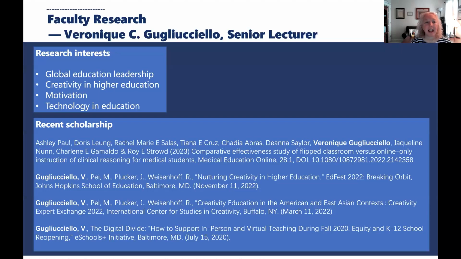I am the advisor for the creativity and education focus area. So more recently, a lot of my scholarship and research has been on creativity, specifically in higher education. I got a wonderful opportunity to work with our very own Jonathan Plucker, who is a national expert in creativity. And we actually looked at creativity in American and East Asian contexts, which was really exciting. Prior to coming to the university, my research interest was around motivation, specifically motivation in classrooms.